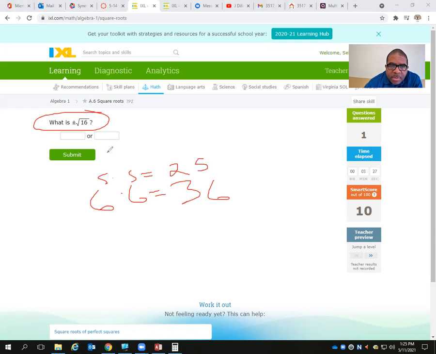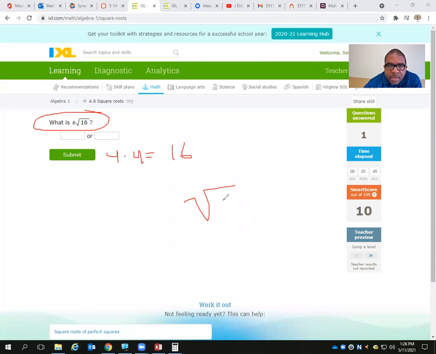That's still too big. 4 times 4 is 16. Ah, there we go. I think we found exactly what we're looking for, right? 4 times 4 is 16. So that means that the square root of 16 is 4.